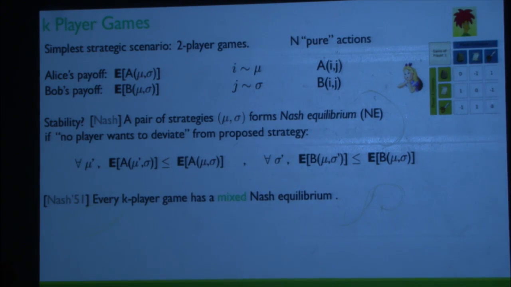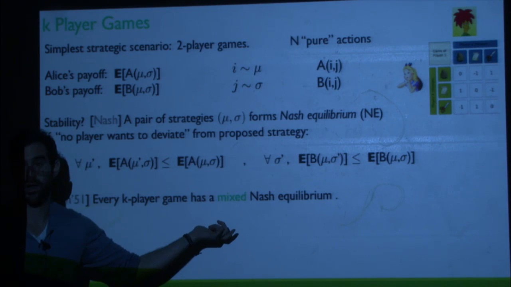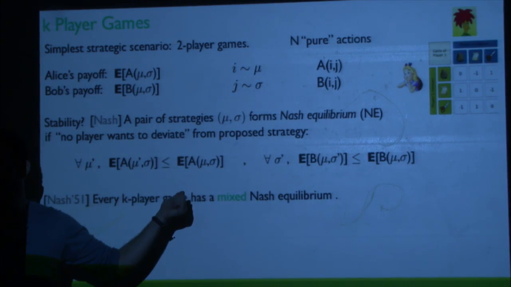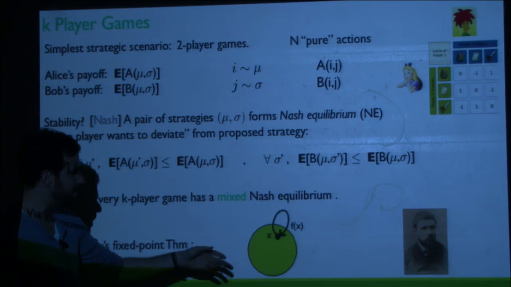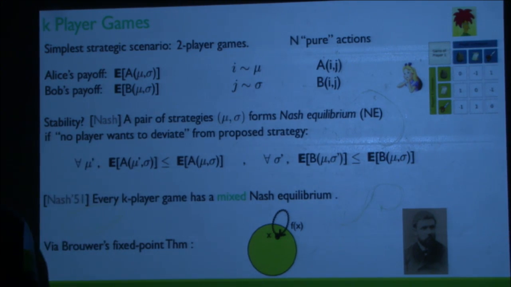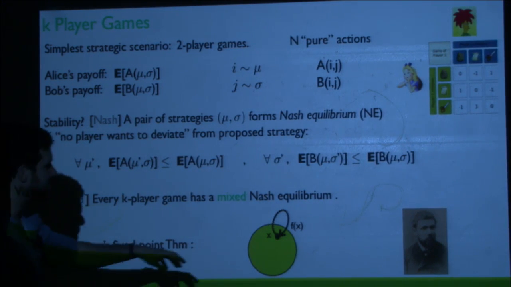And the Nobel Prize-winning theorem of Nash is that any two-player game with finite strategies has at least one mixed Nash equilibrium. And perhaps surprisingly, the proof is geometric and is proved via Brouwer's fixed point theorem, which informally states that any continuous function from a closed disk to itself has at least one fixed point.